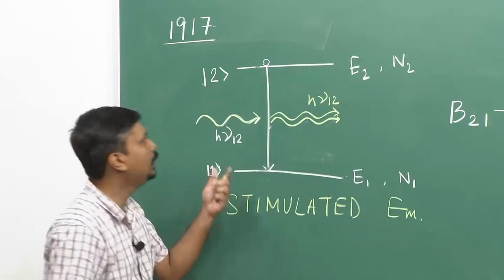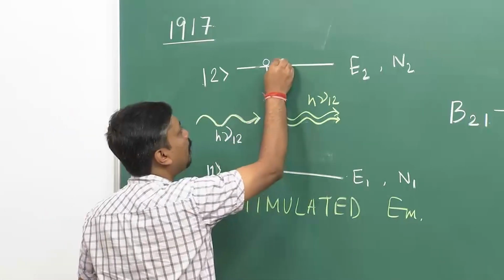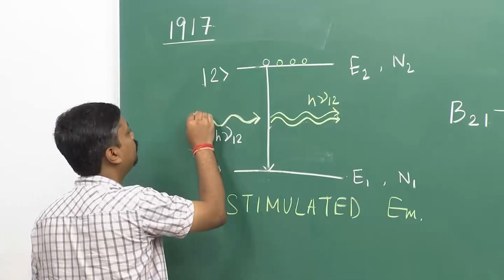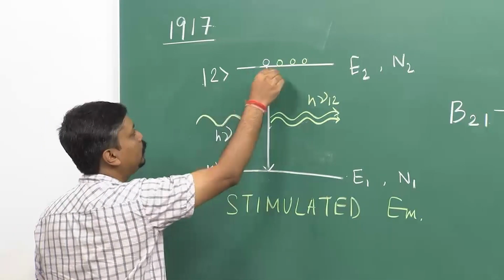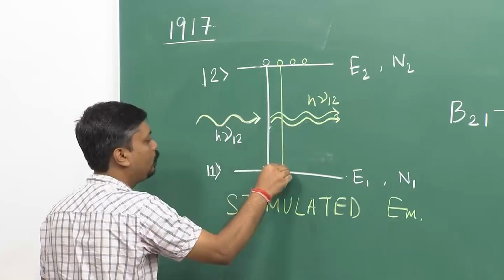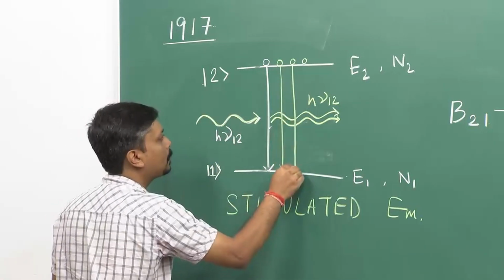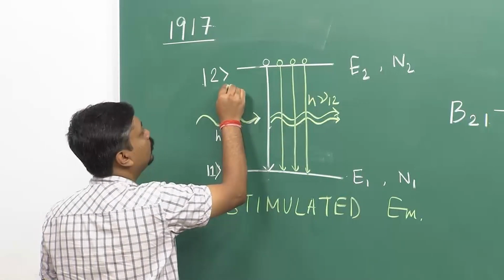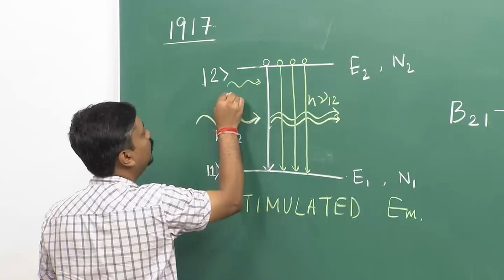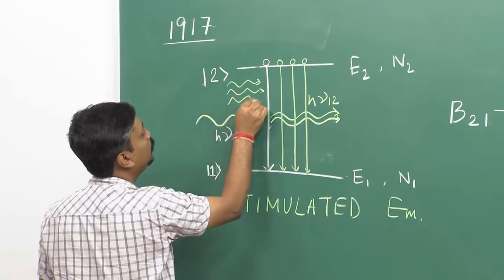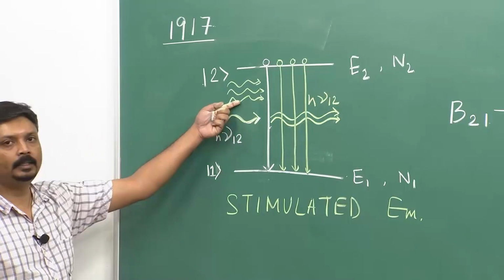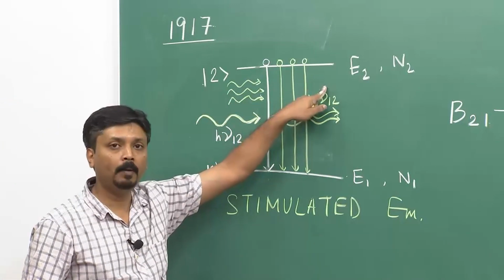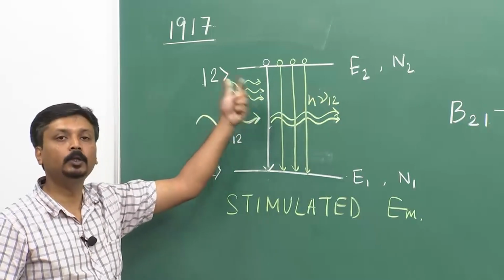Suppose I have several molecules here and I give a photon for each one and they make a downward transition. So I will need a total of 1, 2, 3 photons, and each of these 3 photons will come out accompanied by another photon due to stimulated emission.